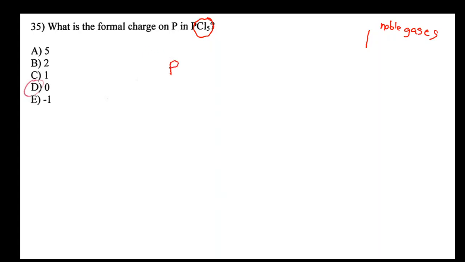So we have our phosphorus, plus 5 chlorines, which always have a charge of -1, equal our overall charge. This overall molecule doesn't have a listed charge, so our overall charge would be 0. Then we just solve the equation. P minus 5 equals 0, so P equals 5.